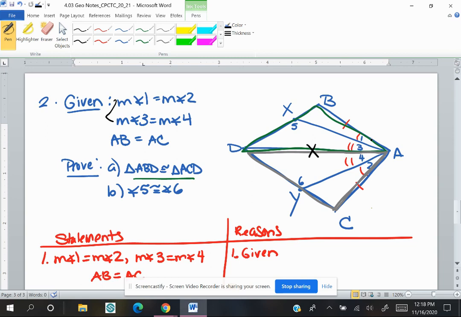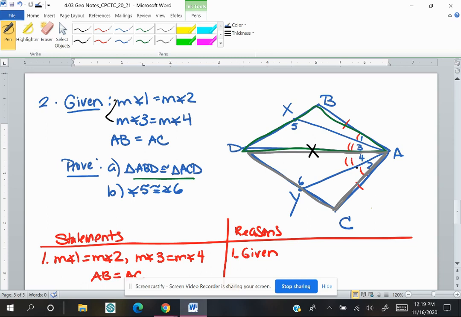So looking at those, if I know 1 and 2 are equal and 3 and 4, what do you think that we could do there? So hopefully you're thinking, well, if I know, let's say 1 was 30 and 3 was 20, so 30 plus 20 would give me 50. And then 2 would still be 30, 4 would still be 20, 30 plus 20 would also be 50.